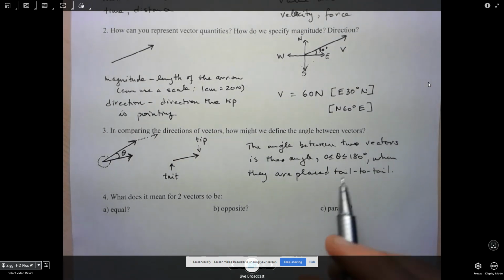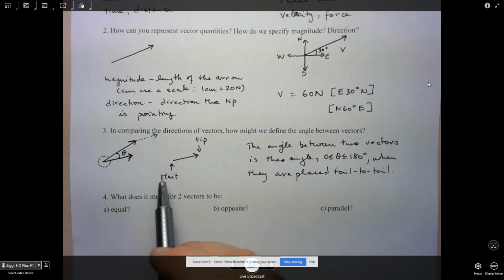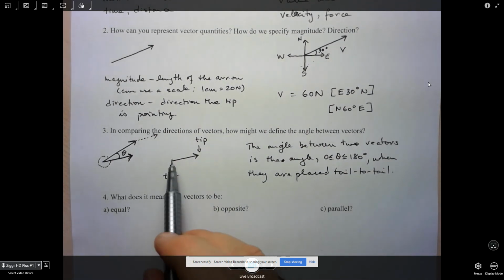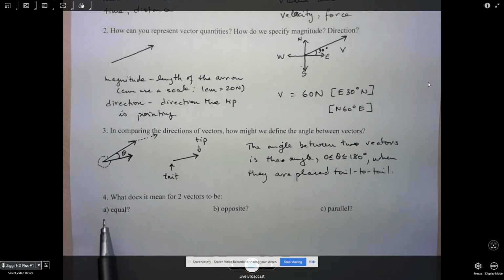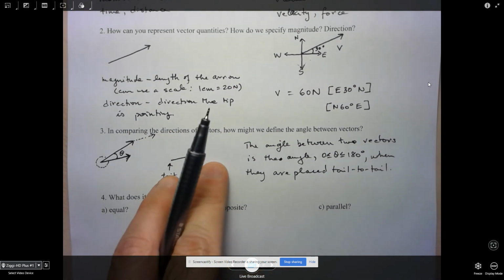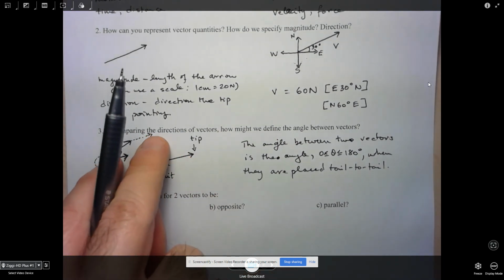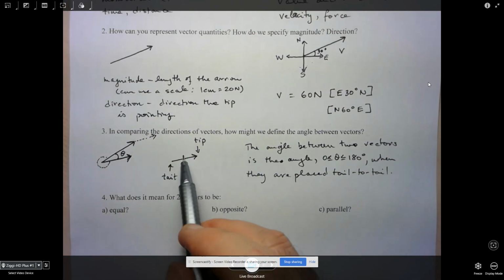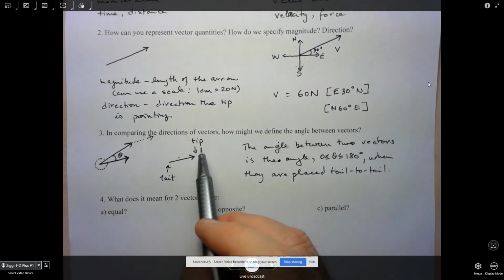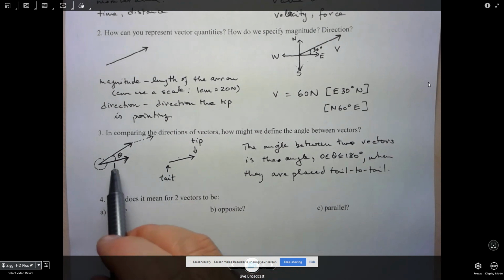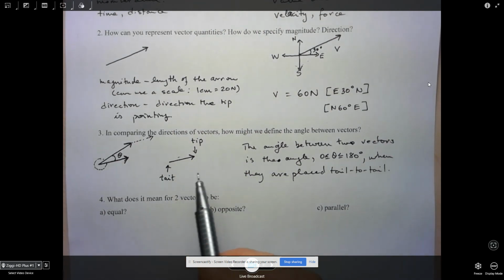Second of all is this idea of referencing a vector represented by an angle as tail to tip, and being able to place the vector wherever I want. As long as I keep the same magnitude and the same direction, I can move a vector anywhere on the plane. So we'll stop here and part 2 will be coming up shortly.